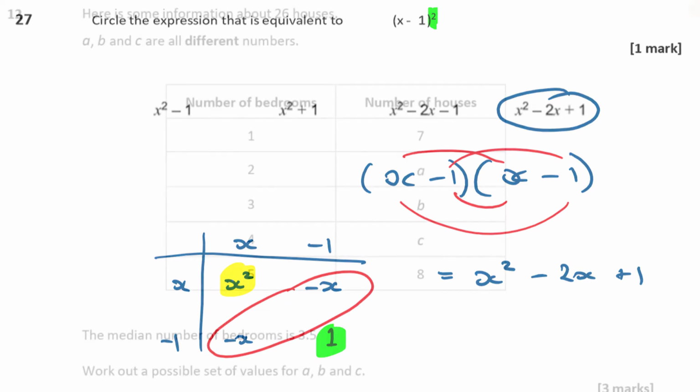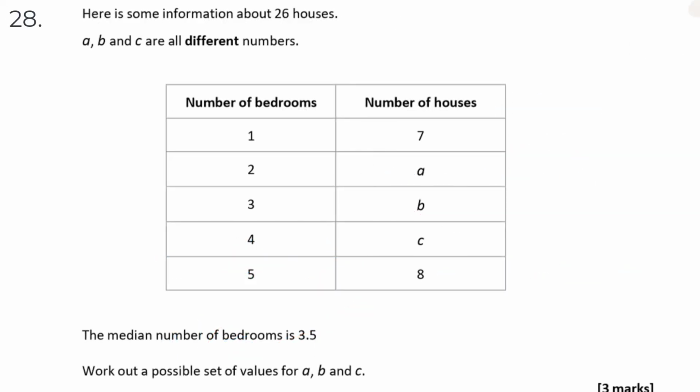Right, done. Here is some information about 26 houses. A, B and C are all different numbers. That's in bold. Just take care of things that are in bold. And then the median number of bedrooms is 3.5. Work out the possible set of values for A, B, and C. So we want to find A, B, and C. We know quite a few things already.